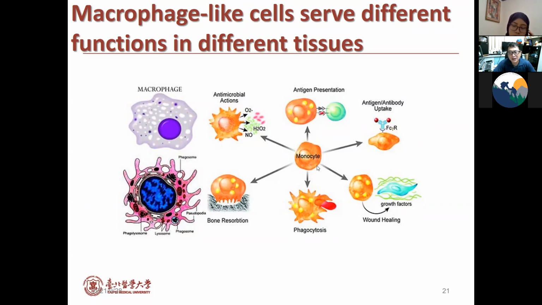That's the reason why I tell you this immune system is not only for defense but also very important for the healing process, because they have different cytokines or growth factors.